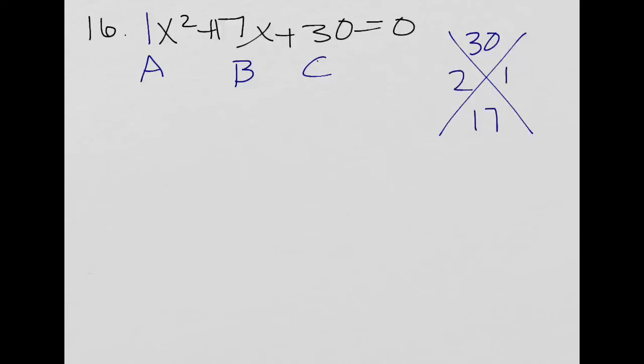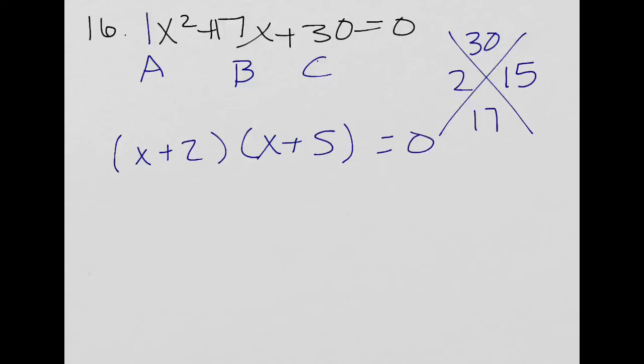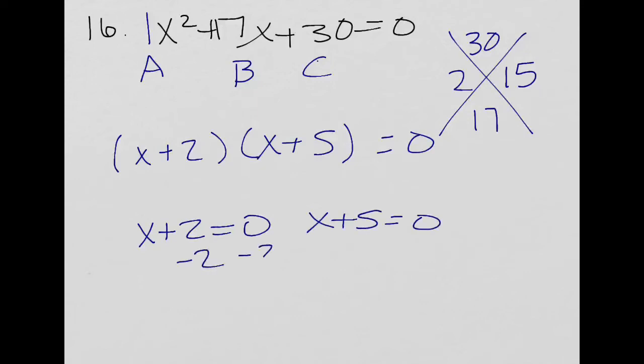So my numbers are 2 and 15. Because A is 1, I can go straight to my shortcut. But because it told me to solve, then I have to go ahead and set them equal to 0. And when I solve these, I get negative 2 and negative 15 as my 2 solutions.